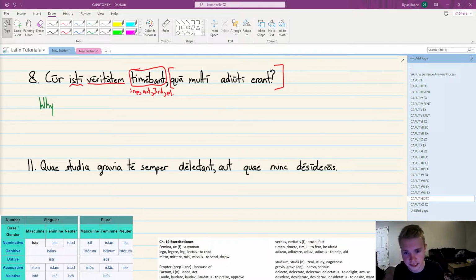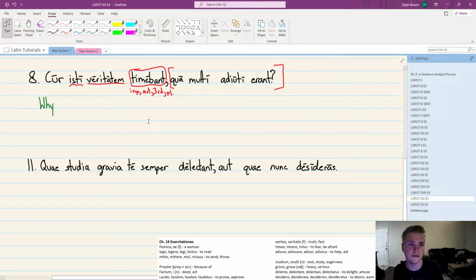The question is who is they? And we don't really have a noun that is going to answer that directly, but we have isti, which is demonstrative, those people. So this is not themselves, but this is a nominative plural, masculine. So why were they fearing?